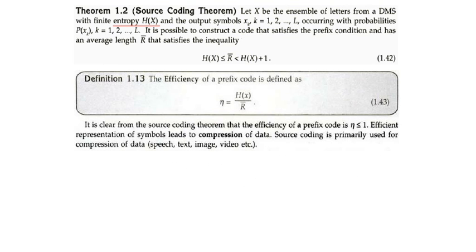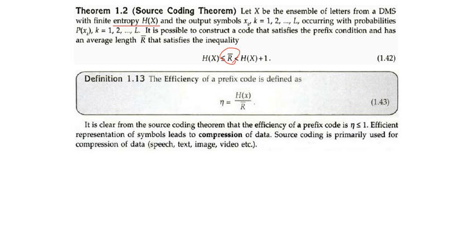So here this average code word length R bar is bounded between H of X and H of X plus 1. Such a statement is given by the source coding theorem.